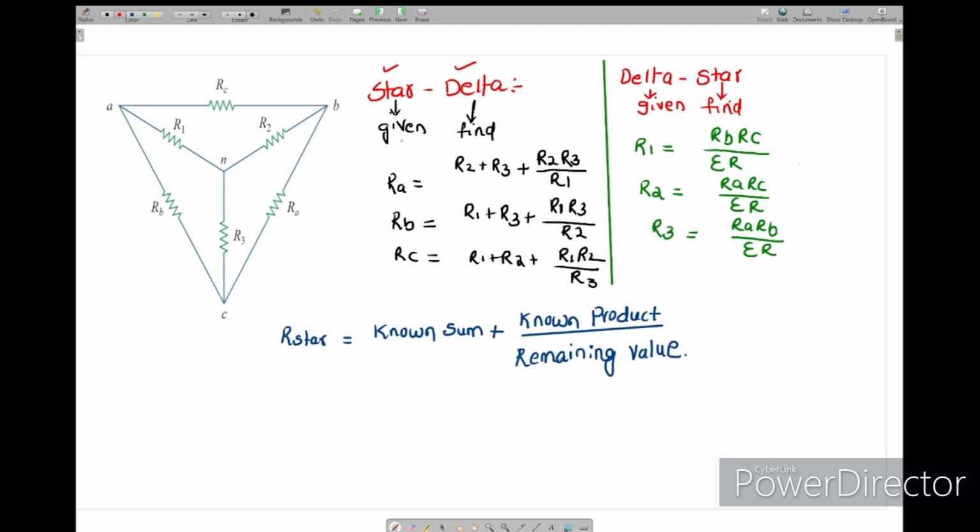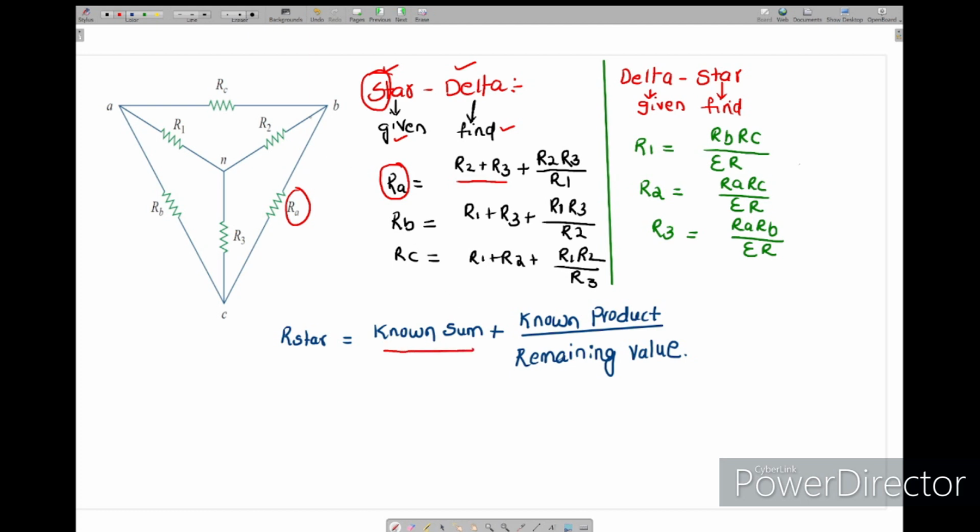In star to delta they will give the star and we have to find the delta. So to find RA, RA is for what? RA for delta RA. So here the trick is, when you are going from star to delta, you remember this S. So S is sum of known. This is what I mentioned here. This is known sum.